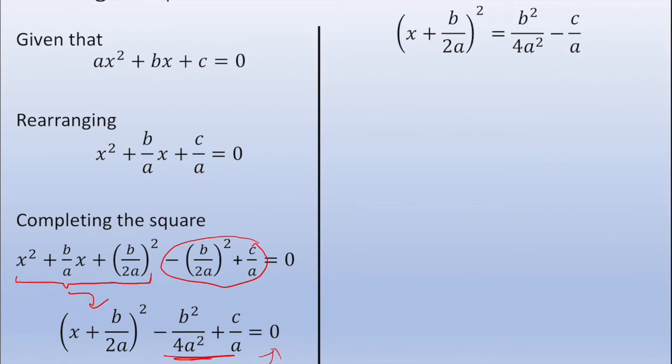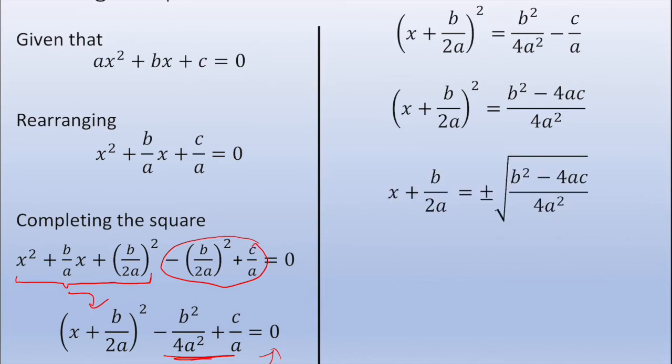And by taking square roots on both sides, we know that, oh, actually before that, if we bring this into the same common denominator, we get 4a squared as the denominator and b squared minus 4ac. Taking square root on both sides, so therefore x plus b over 2a is plus or minus square root of b squared minus 4ac. Of course, square root of 4a squared is 2a.